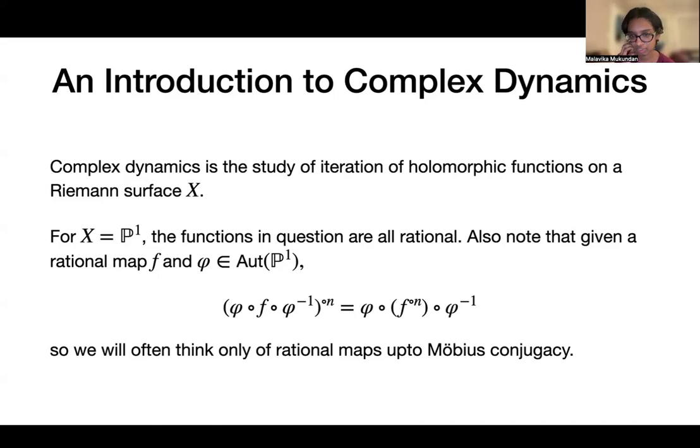In other words, phi of f iterated n times of phi inverse. So this commutative property allows us to think of rational functions mostly up to Mobius conjugacy. So we can choose formulas for a function within its conjugacy class, if that makes sense.